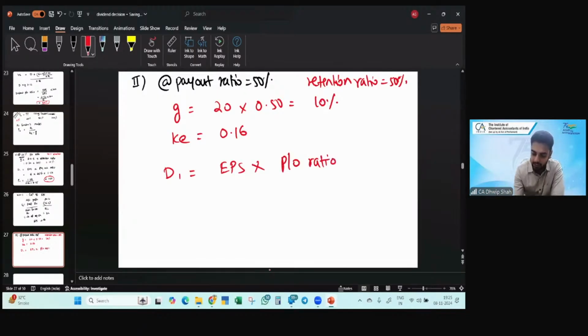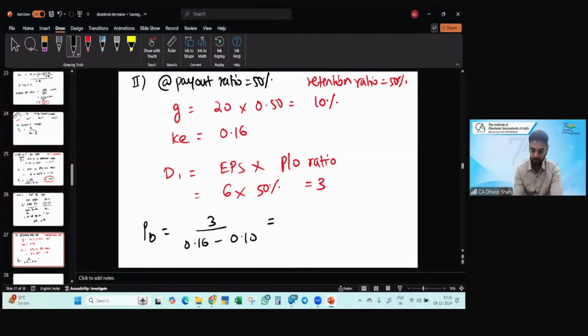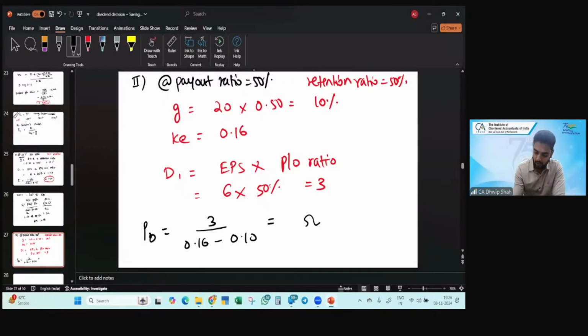Now the payout ratio has changed from 25 to 50%, so D1 would be 6 into 50%, which comes to 3. So the price when the payout ratio is 50% will be 3 upon 0.16 minus 0.10. How much is it? 50 rupees.